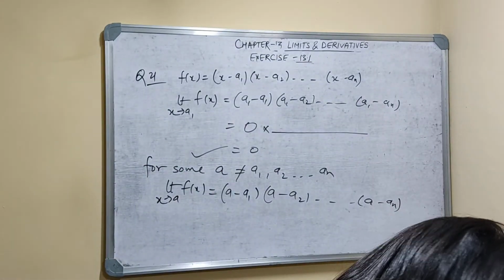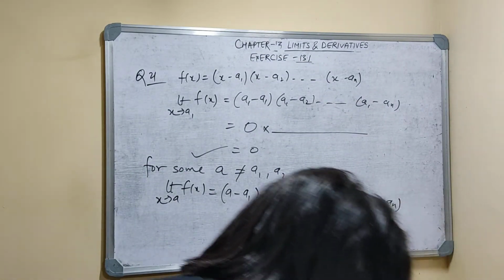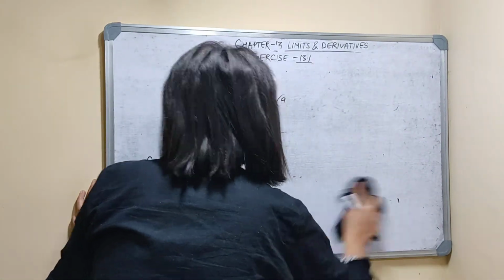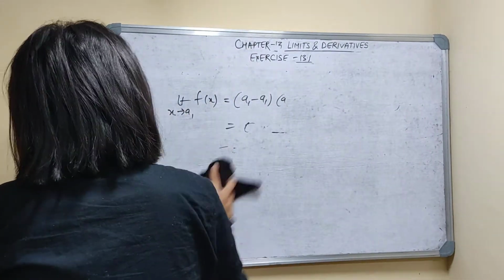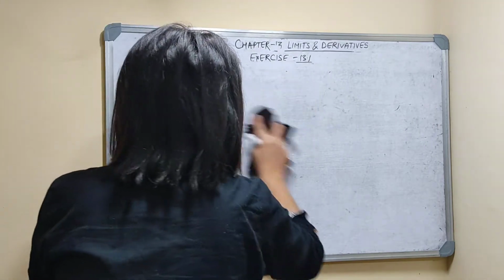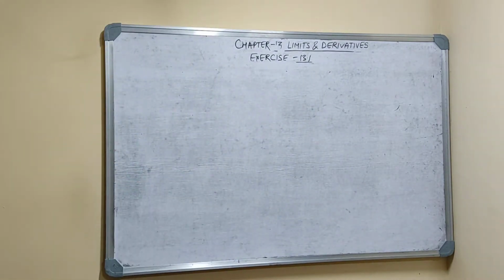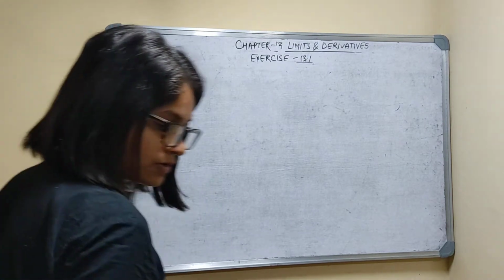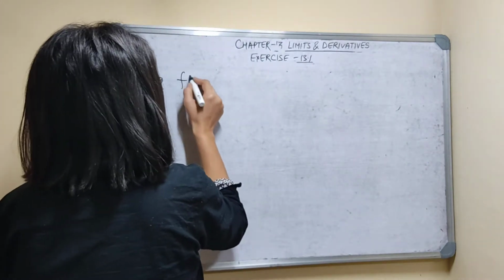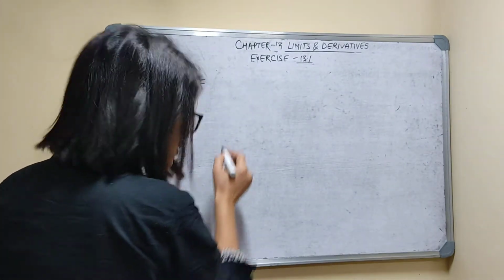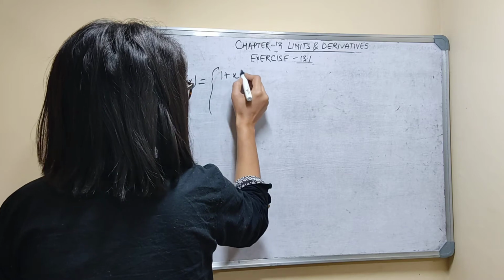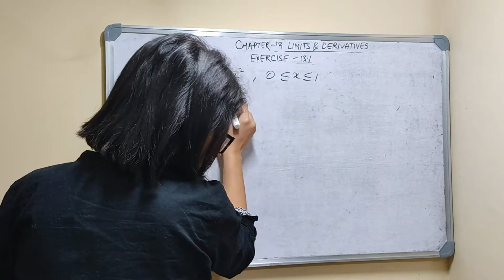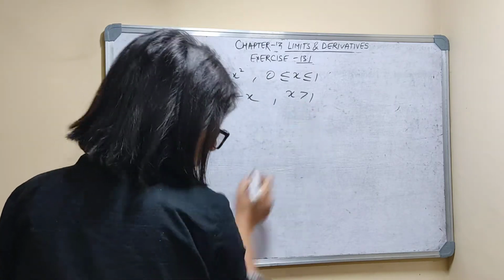Now question number 22. You can see, f(x) is given as 1 plus x square for x from 0 to 1, and 2 minus x when x is greater than 1.